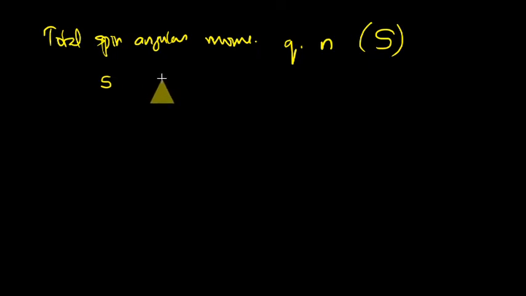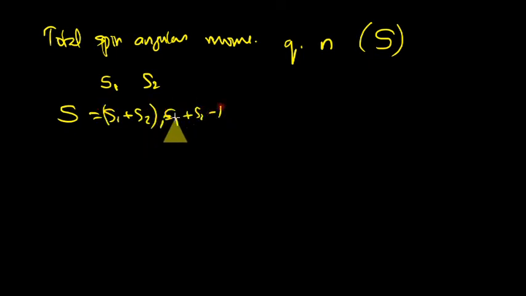So here also we can use the Clebsch-Gordan series, and the Clebsch-Gordan series says that for two individual spin angular momentum quantum numbers S1 and S2, the capital S, that is the total spin angular momentum quantum number, is equal to S1 plus S2, then S1 plus S2 minus 1, etc., to the modulus of S1 minus S2.